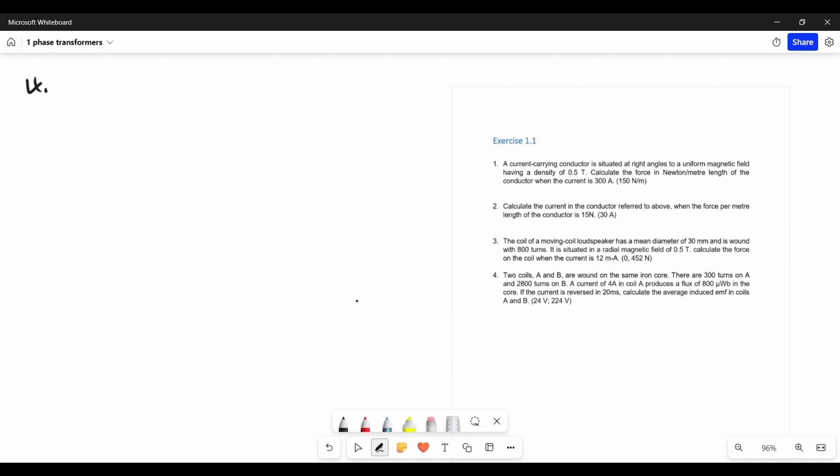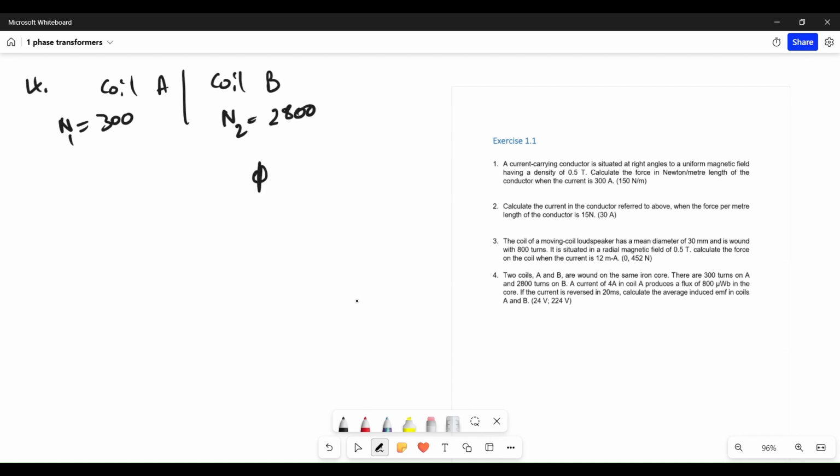Alright, coil A and then coil B. N is equal to 300, N2, this is N1, 2800.